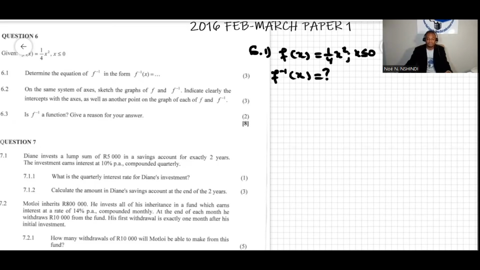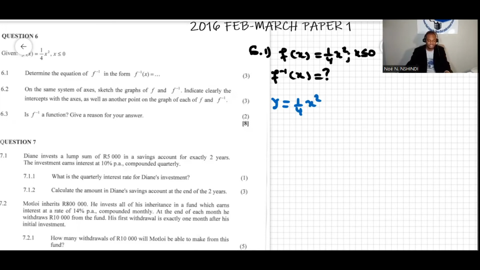All right, now what are we going to do in this situation? Now I am going to write over here y. I want to write over here that y equal to a quarter x squared, okay? And then to find the inverse is when we reverse the variable, okay?